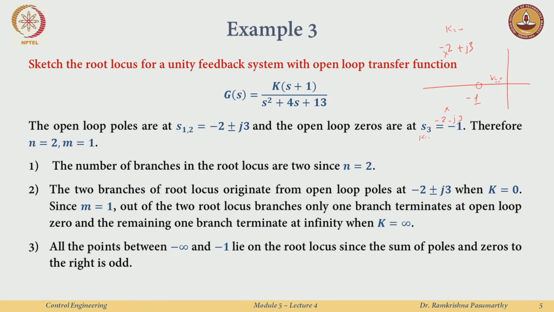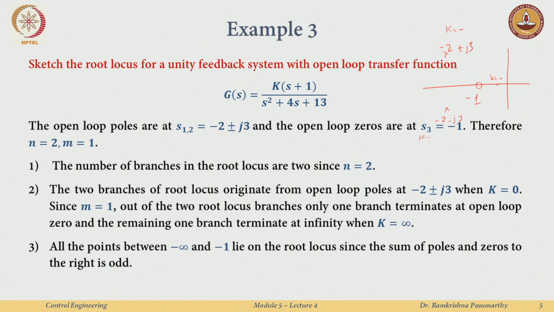Now, just look at this, there is nothing here. So, this region would not be on the root locus. Then look at the point here. From here, I go to the left of -1, there is just one 0, an odd number. Then I go again here, there is again an odd number, 1, 2 and 3. Sometimes we can even neglect the complex poles for counting, because they always come in conjugate pairs.